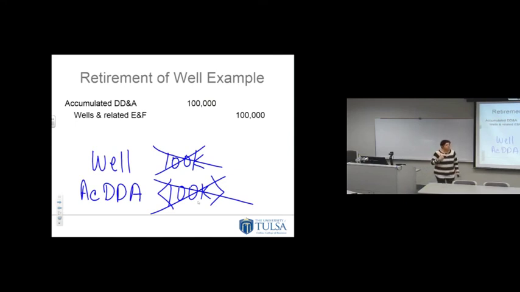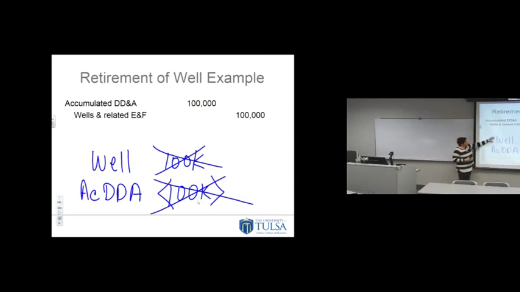The assumption is if my engineers have been giving me good reserve estimates, then as this well was being used, the well cost should have been written off to DD&A expense. As it was being written off to DD&A expense, accumulated DD&A, which is our contra asset or our negative asset, was going up. So when I'm retiring the well, it comes off the books, but the contra asset also comes off the books for the same amount.